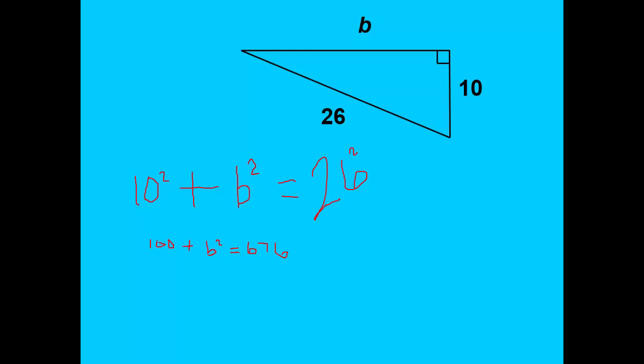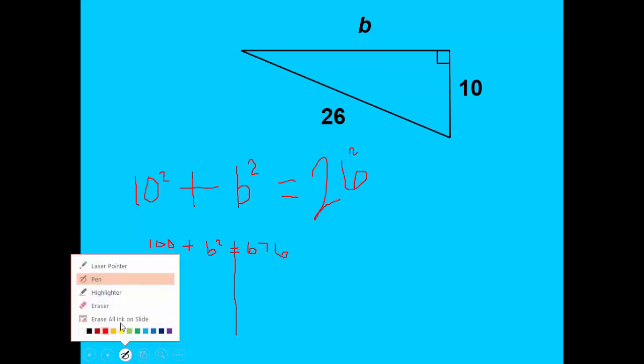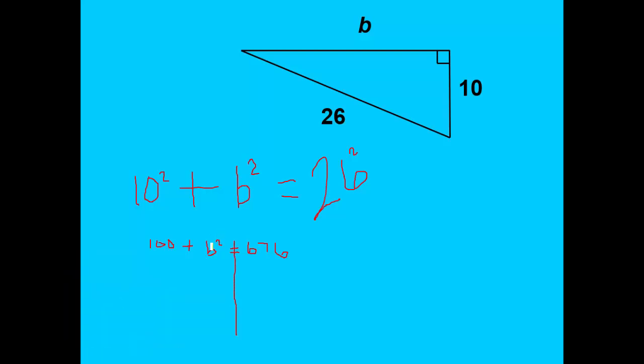Now this is where solving one-step and two-step equations comes in handy. Because we don't actually know what this value is, we could guess and check, but we also have the skills that are necessary to solve this. So in doing so, if we are trying to focus on our B, then what we want to do is move everything away from it.